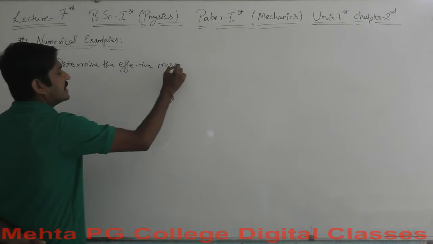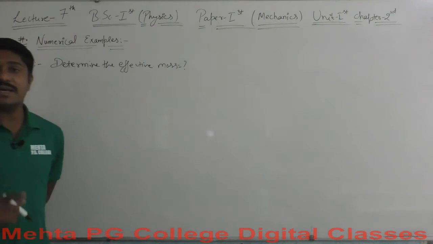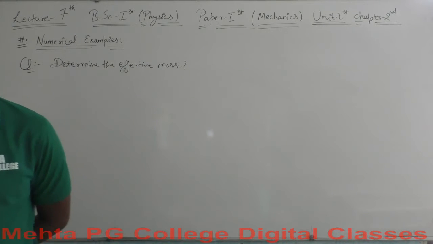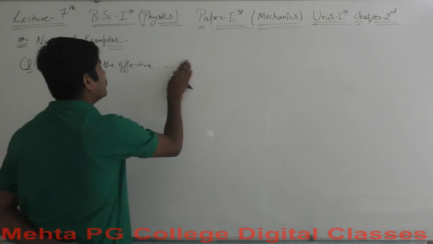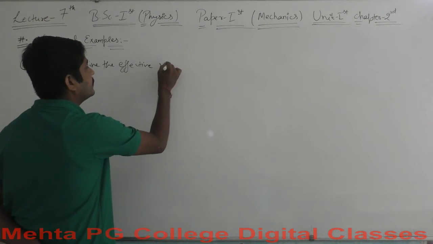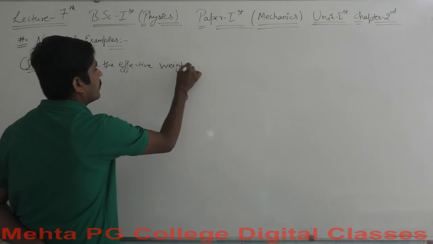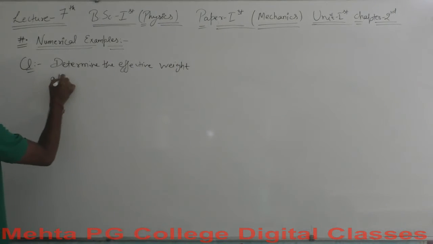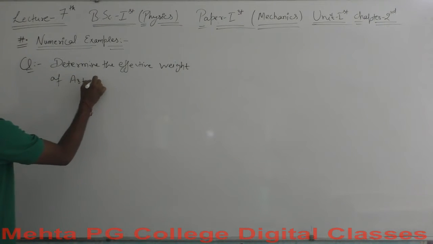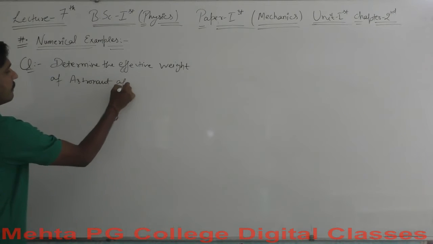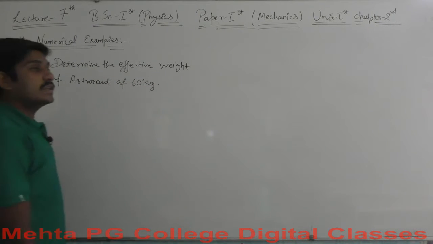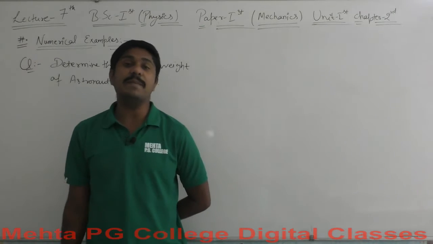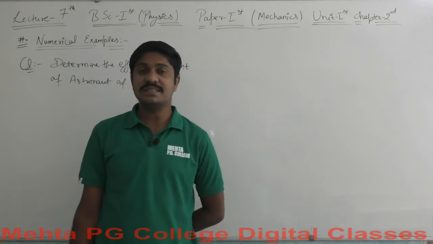Determine the effective mass, and effective mass of which the effective weight of an astronaut of 60 kg, well, not the mass here but the weight. Well, you got the difference between weight and mass. What is the difference between weight and mass?